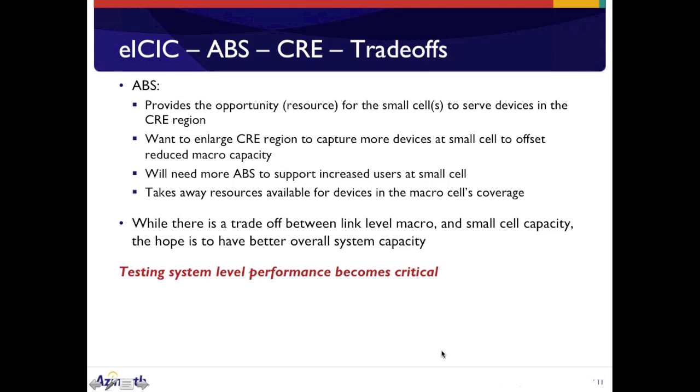And of course, if you have small cells dispersed throughout the macro area, this complicates the equation further and gives the guys at the base station companies a lot of interesting work in scheduling algorithms. So clearly, with this trade-off, testing of system-level performance is a critical thing.